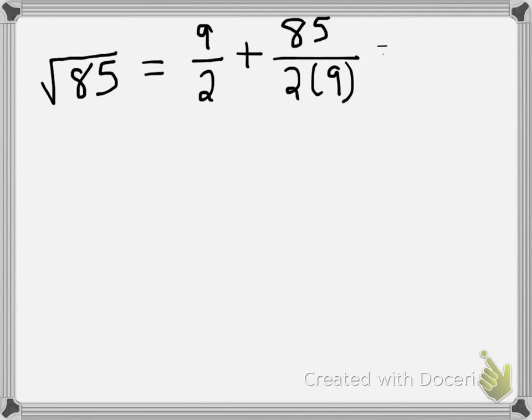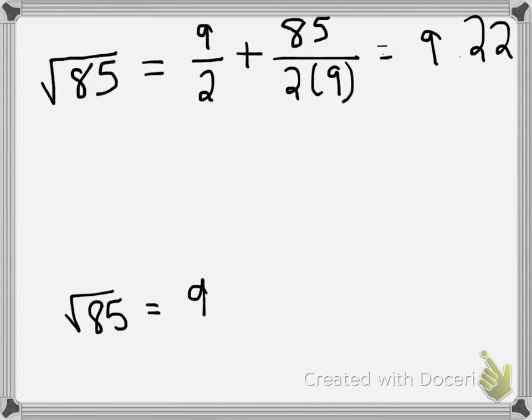If I calculate that in my calculator, I get 9.22. Now, just for fun, I want to see how accurate this is. If I take the square root of 85 on my calculator, I get 9.2195. Look at that, just after one calculation, I have a really good approximation.